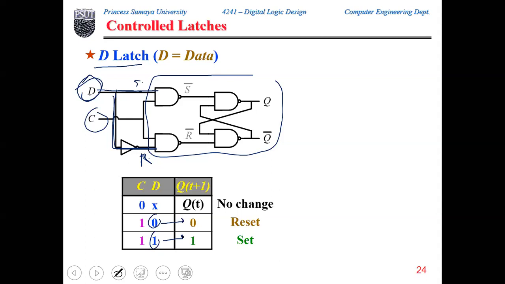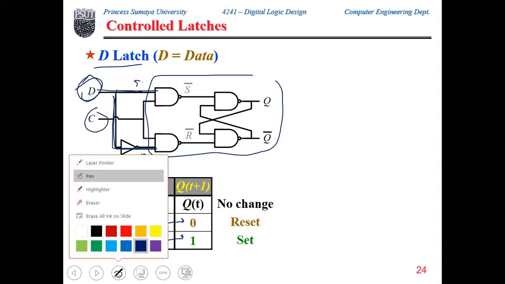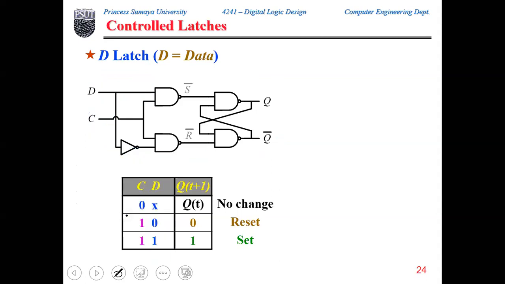The basic idea of the D latch is that it is designed to eliminate the invalid combination, which is when S and R are both ones or both zeros. If you remember, this is an S bar, R bar latch.